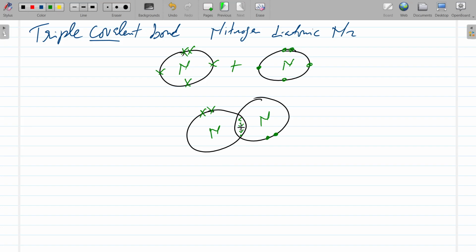So you can see that 6 electrons in total are being shared, 3 from each. You have 6 over there, and then 2. So each atom now has 8 electrons, and it has a full shell. And the way you write that, showing the bonds, is a triple covalent bond.